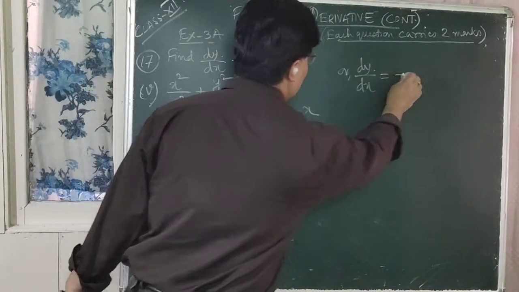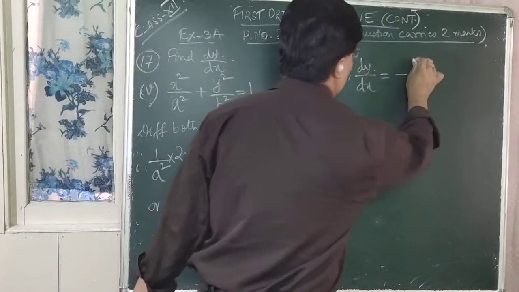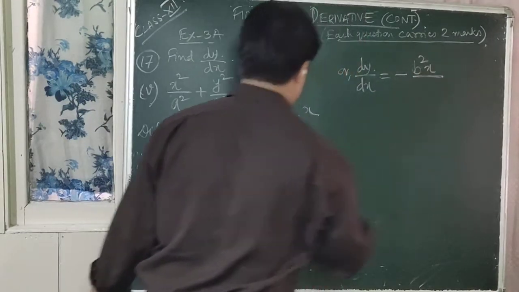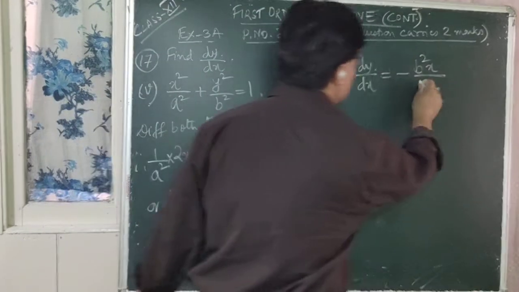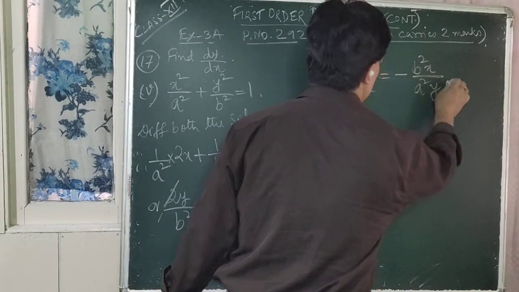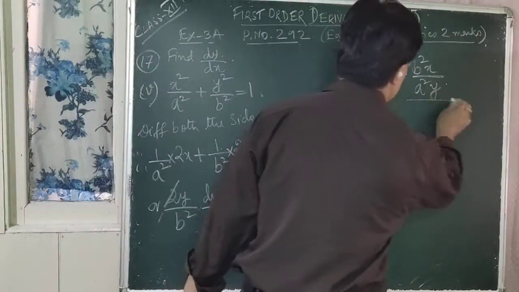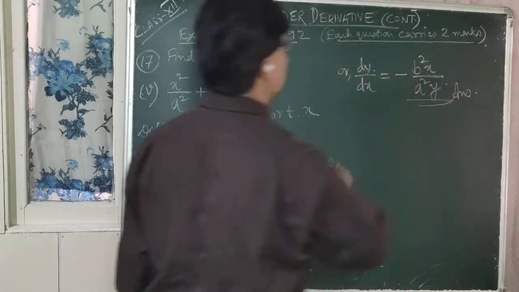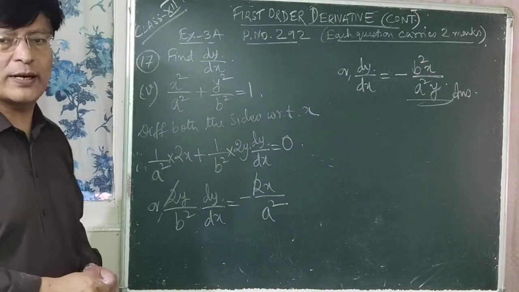Minus sign is there. You have to cross multiply b square by x. What is it? It is b square upon x divided by, you have to cross multiply y by a square. So what is here? It is a square y. So this is your final answer. So what is the value for dy by dx in this case? dy by dx is equal to minus b square x upon a square y.